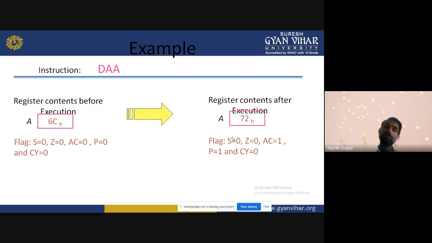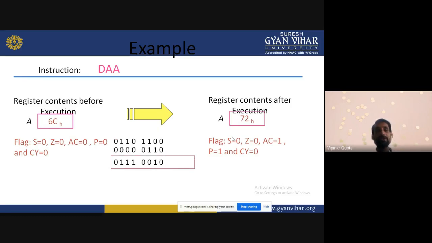What we are doing in DAA is, if the value is greater than 9, then we add 6 to that value.